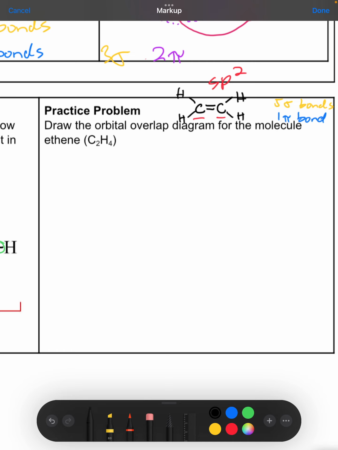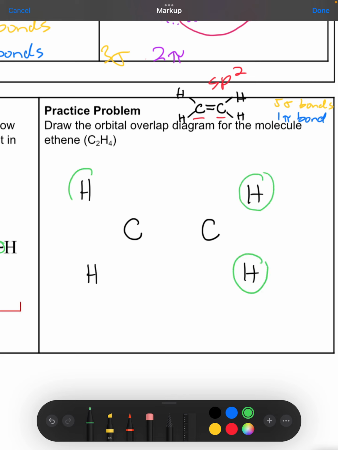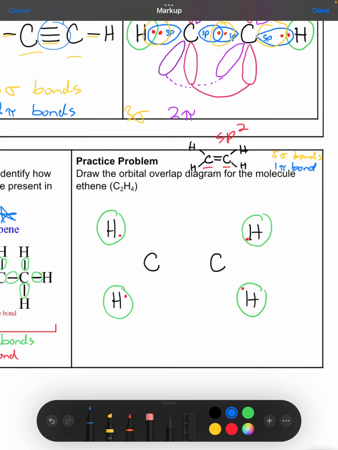So once again, I'm going to draw just my atoms and none of my bond lines to start out. My hydrogens, as usual, are going to have that single sphere around them to represent that 1s1 configuration, and each of them has that singular electron there. Okay? My carbon atoms, on the other hand, are going to have some hybridized orbitals. In this case, again, it's sp2. So what we should be seeing is 3 hybridized spaces for that sp2 on each carbon.